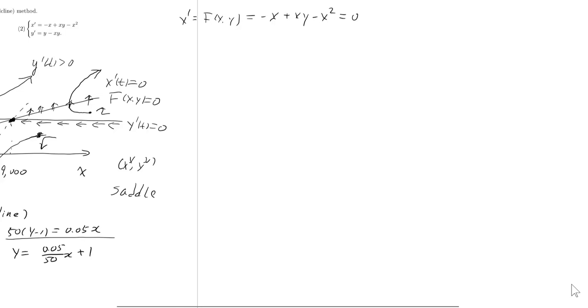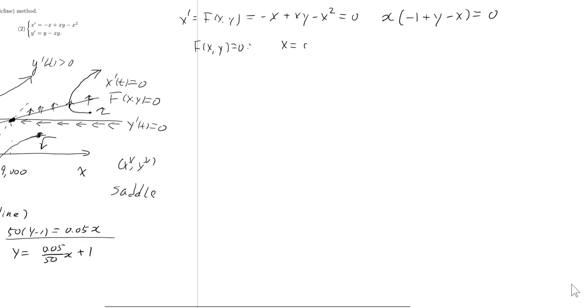And if we look at this equation over here, we see we have a common factor x we can factor out. That's x times (negative 1 plus y minus x) is equal to 0. So really, if we set f of x, y equal to 0, we have two nullclines.